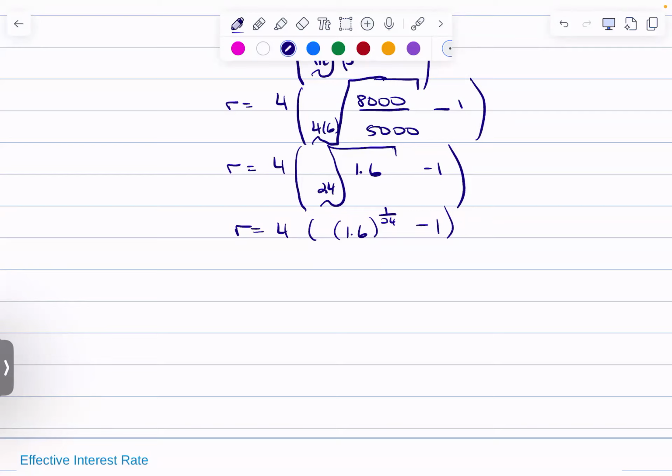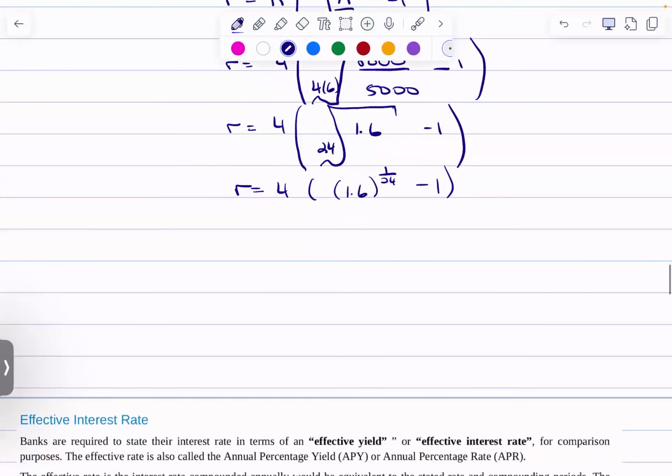Okay. Where are you going to start? You're going to start here, right? 1.6 to the power of 1 over 24, then minus 1, then all that times 4. I'll show my work in the order that you need to do it. So 1.6 to the power of, and then I like to put brackets when I'm working with fractions up here in the power, just to make sure it holds it as one number. 1 divided by 24.